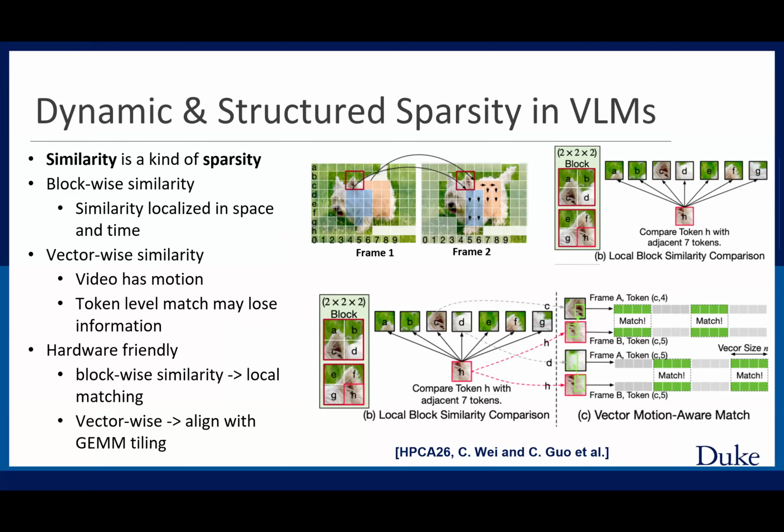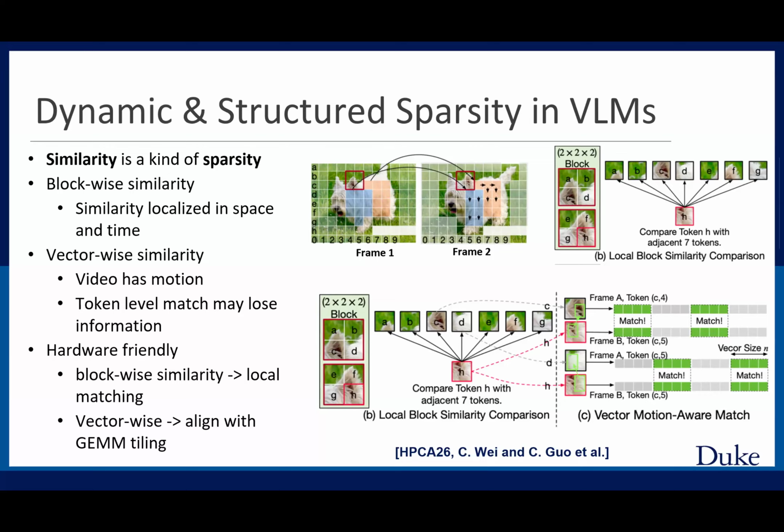One is what we call blockwise similarity, basically nearby tokens showing high similarity temporally and spatially. We also identify finer vector-based similarities, especially for visuals when we have motion, right? So by observing this, we considered what we can do at the hardware level in order to accelerate such applications.